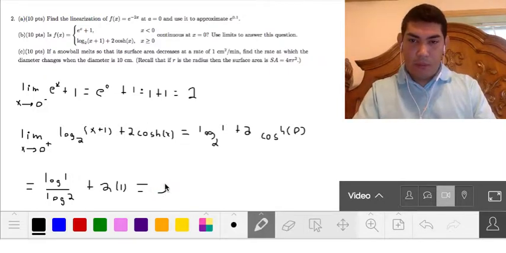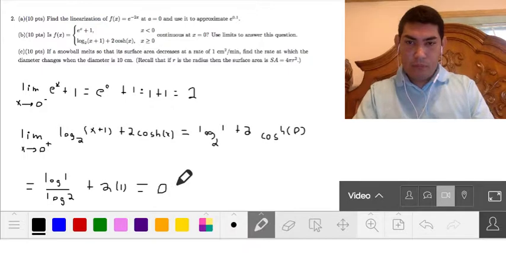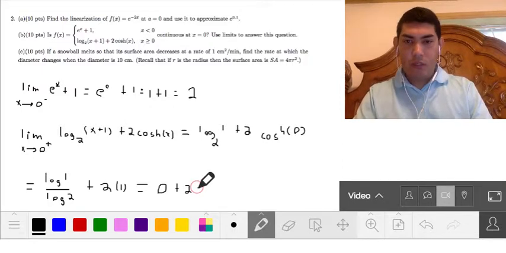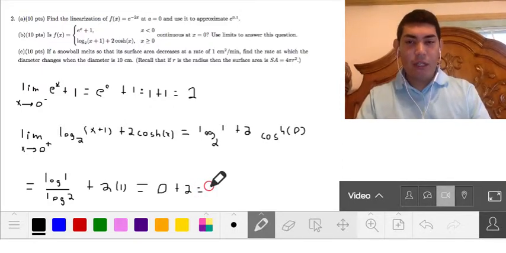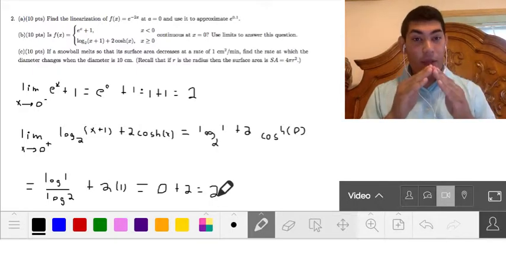Let me write that now. So 0 plus 2 will equal just 2. And we can see clearly that those two functions approach the same y value.